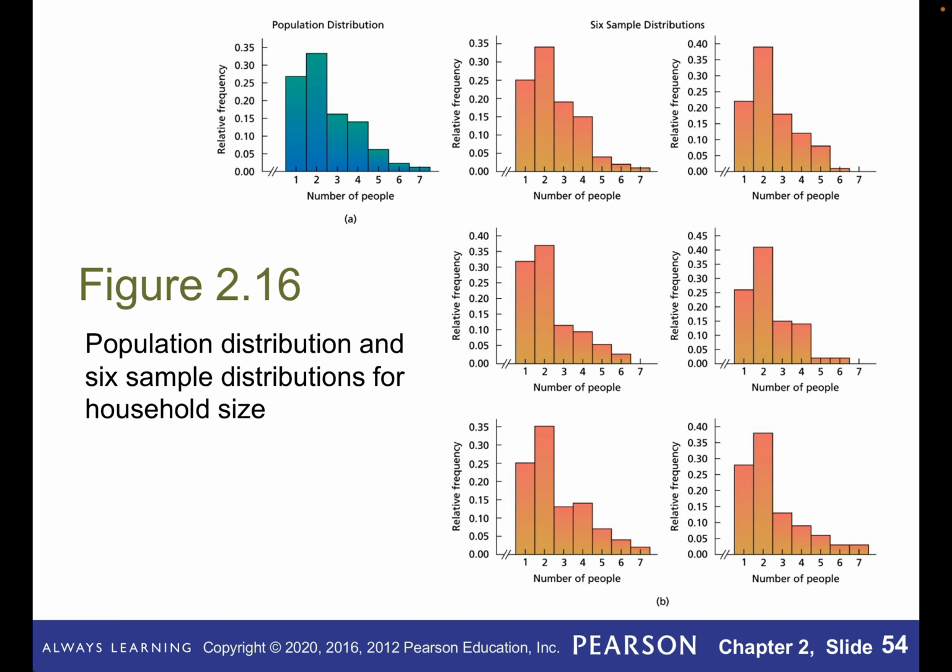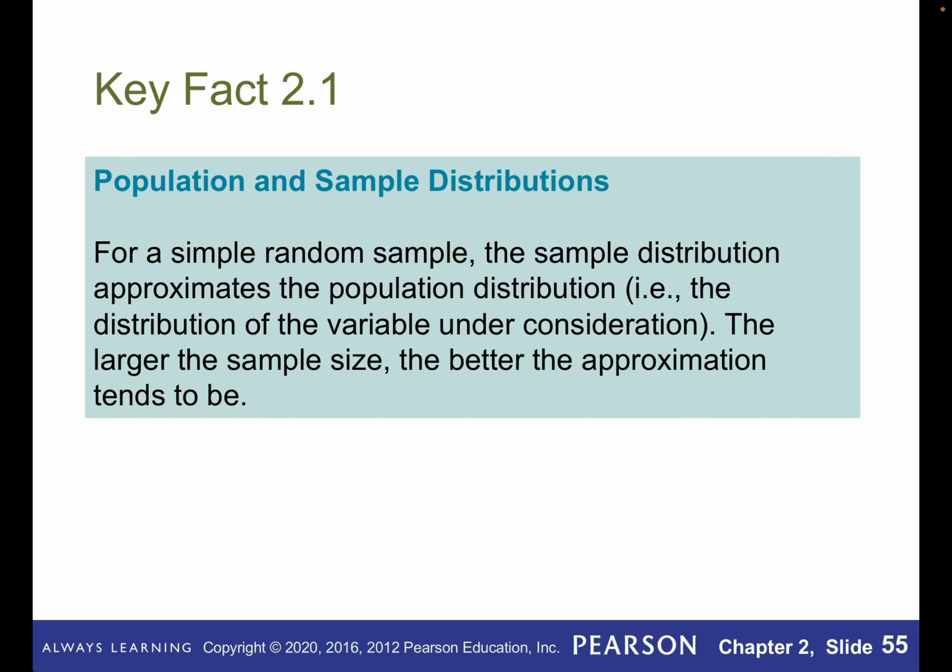So when we do statistics, the idea is that from a probabilistic point of view, most of the samples do a decent job of representing the population, and only a few of them don't. And that's essentially what is being addressed here in Key Fact 2.1. And notice that this is kind of obvious, but the larger the sample size, the better the approximation tends to be.